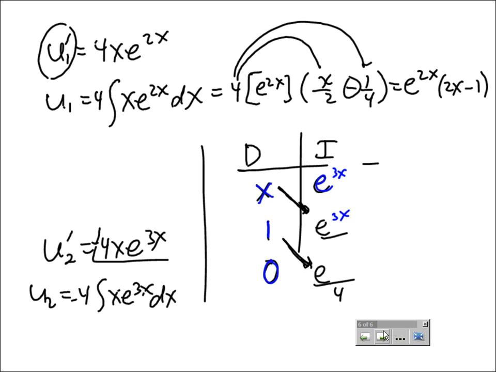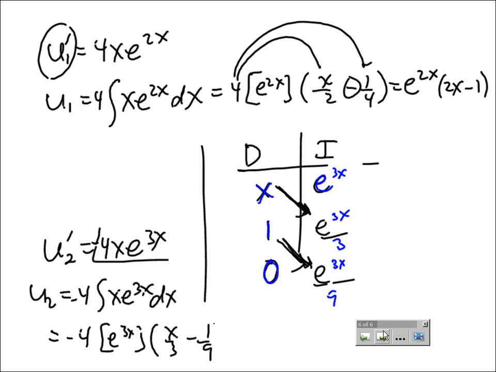We get e to the 3x over 3. We integrate that. We get e to the 3x over 9. So we're going to get negative 4 times. I think it's clear that e to the 3x is always common. That product, after pulling out the e to the 3x, we get x over 3 minus that product, which is 1/9. And that's u sub 2.